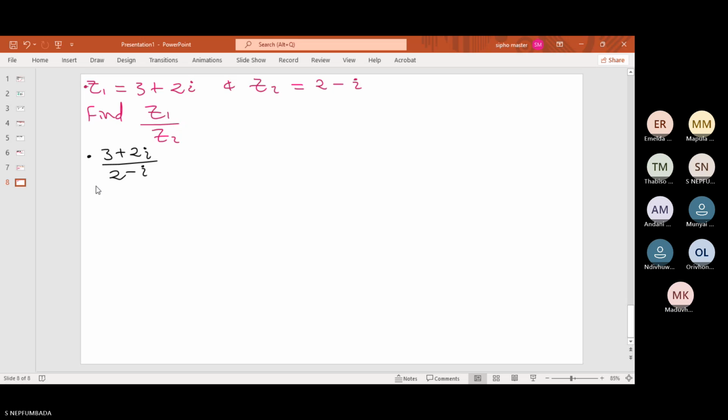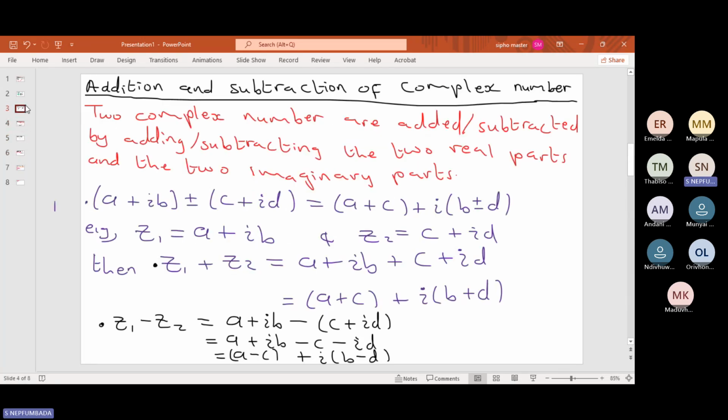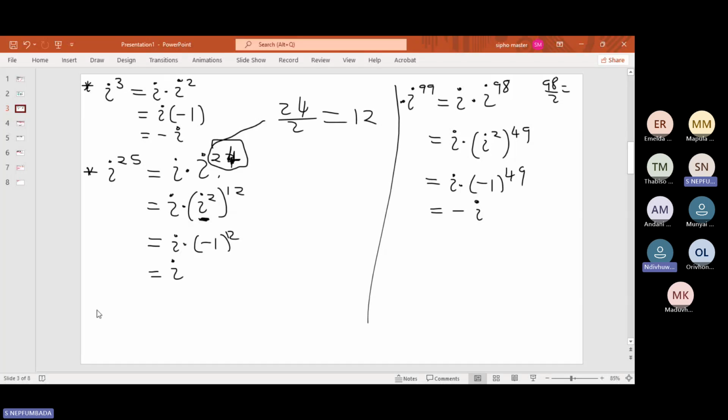Yes. So we must multiply by the conjugate of the denominator. Guys, if Z is equals to a plus ib, then Z conjugate is equals to a minus ib.